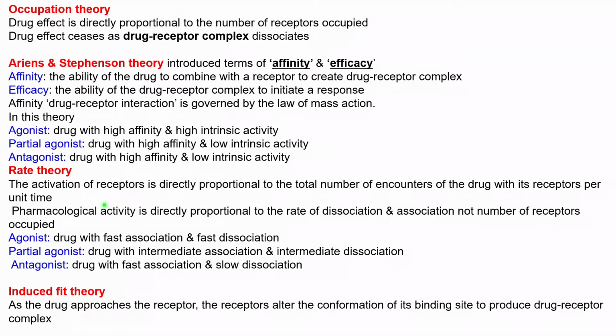The same can be described in terms of kinetics, chemical kinetics. Activation of receptors is directly proportional to total number of encounters of drug with its receptor per second. Pharmacological activity is directly proportional to the rate of dissociation and association.